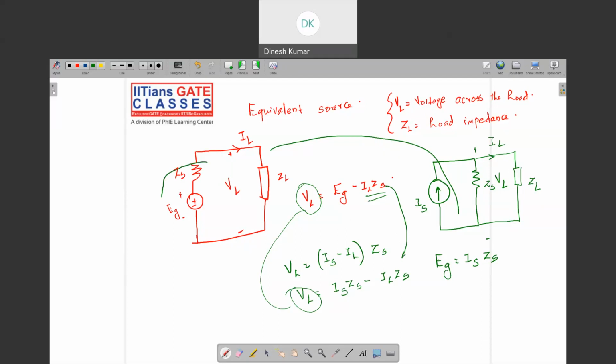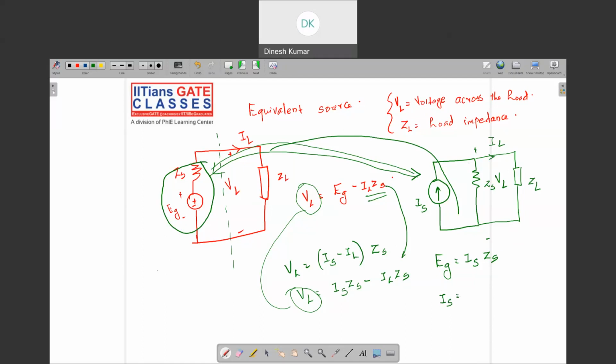Right. So that means now what is happening here? We have a voltage source in series with a resistance that we have converted to a current source in parallel with a resistance. Right. So in order to convert a voltage source in series with a resistance, you have to cut at this particular point, then find a new current. What will be the value of IS?